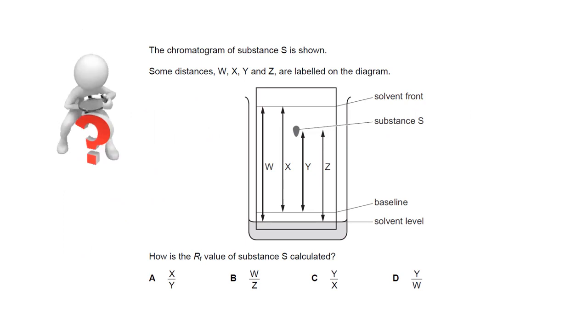So how is the RF value of a substance S calculated? The formula is distance moved by the spot from origin divided by distance moved by the solvent front from origin.